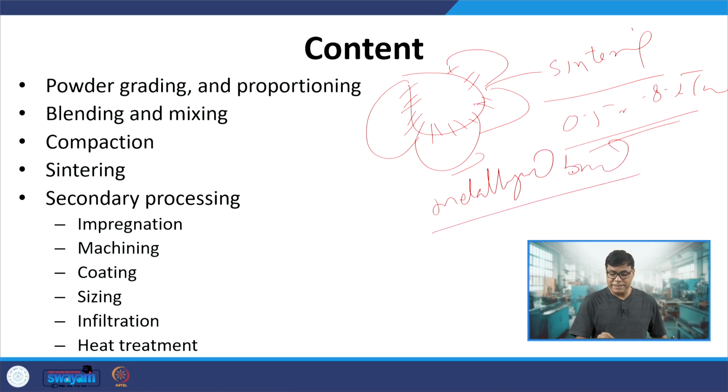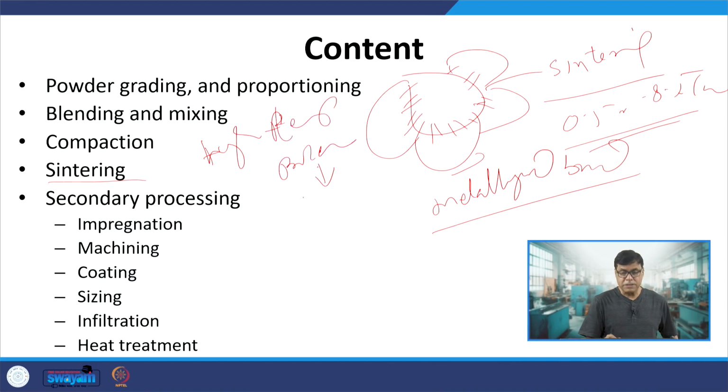Once this is developed, the desired porosity-free component is obtained with the desired mechanical properties. So, sintering is basically a high temperature process, which is usually done in a controlled environment. Why?